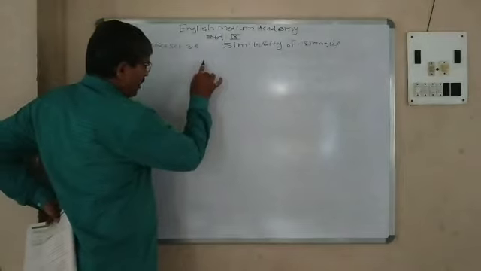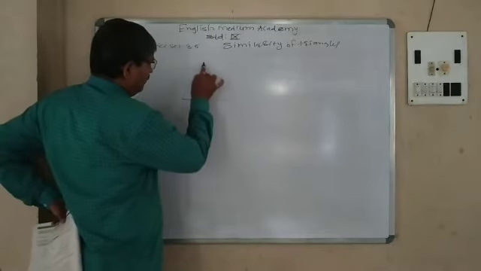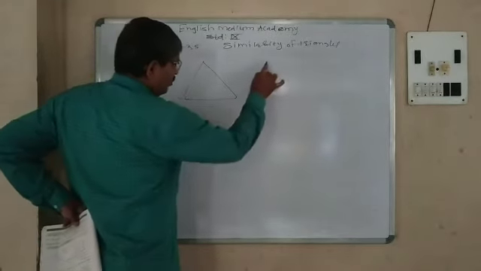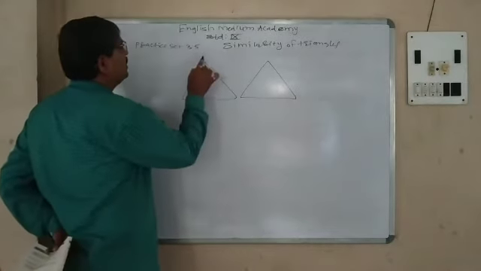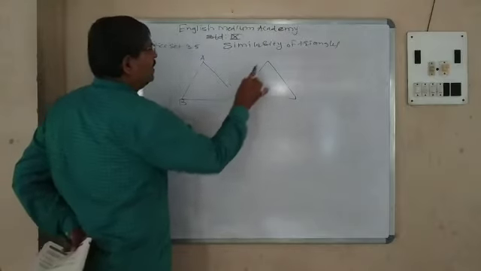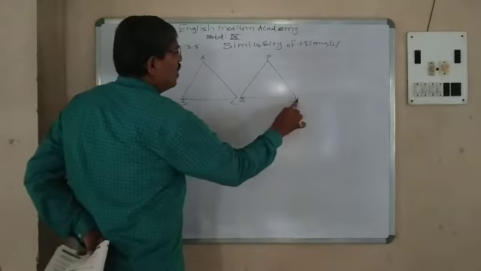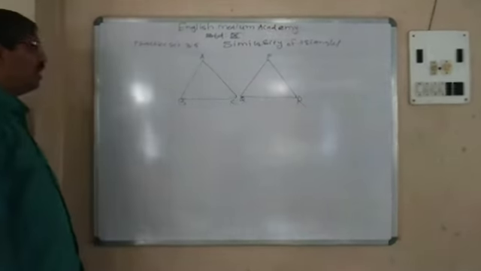That means we should first draw the diagram. There are two triangles. Suppose A, B, C and this is P, Q, R.